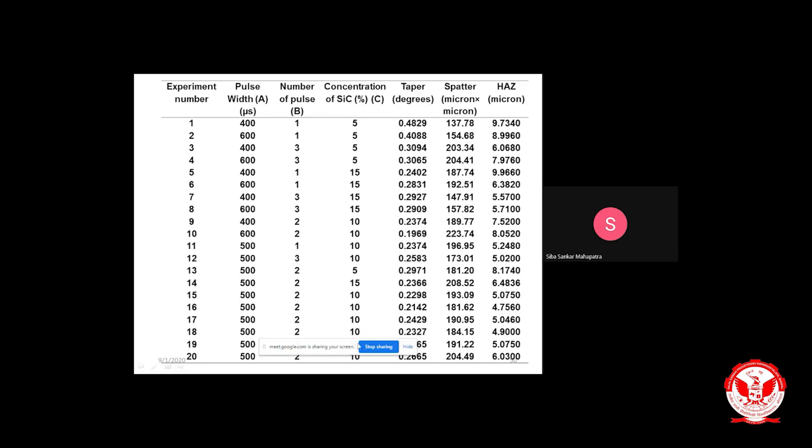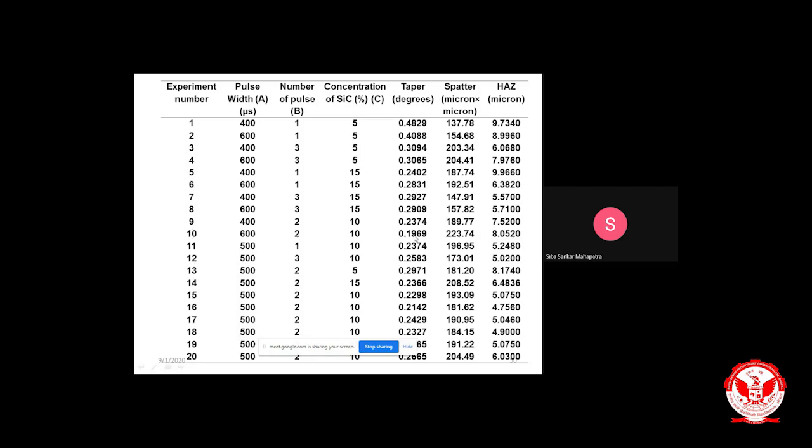From 15 to 20, these are the center points. So there are 6 center points, and you see there are 8 factorial points, 2 to the 3, then 6 axial points.